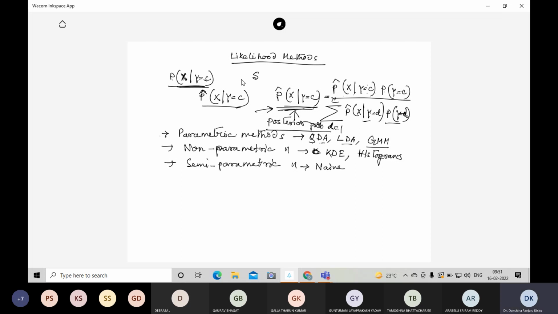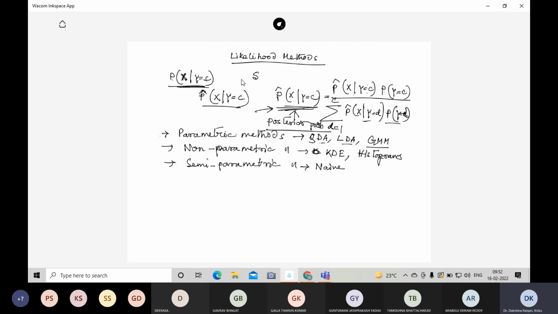We can make an initial assumption over the population that we are studying. If we make the assumption that the population or the data follows the normal distribution, then we get the parametric method. So basically, in parametric method the number of parameters is fixed.